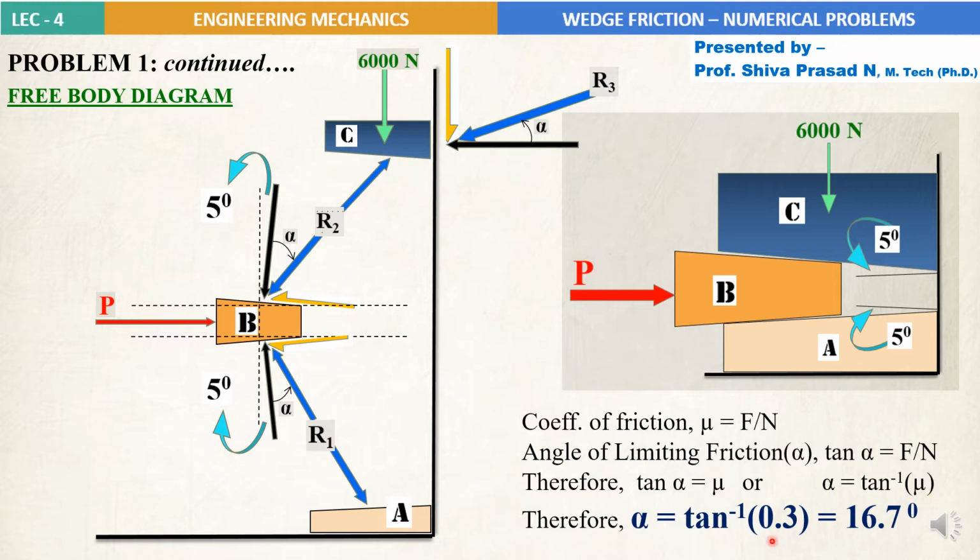So that gives us the value of alpha to be equal to 16.7 degrees, where mu, that is coefficient of friction, is 0.3 given in the problem.